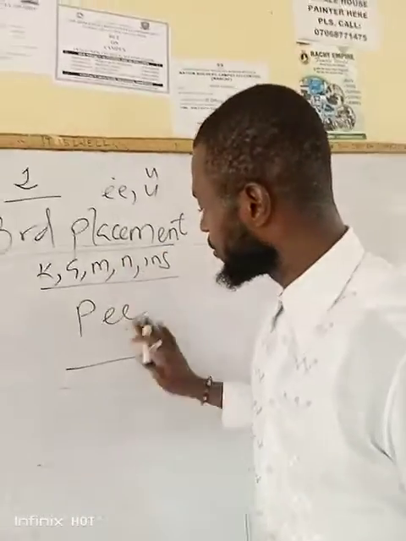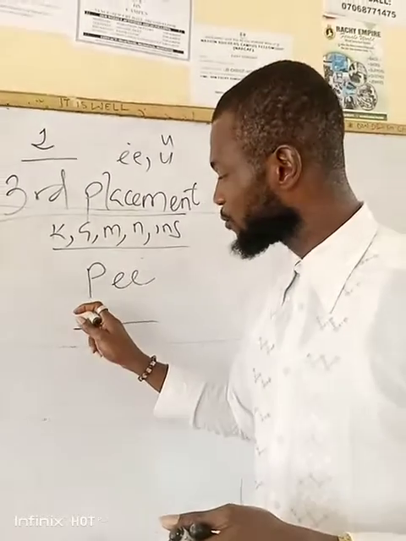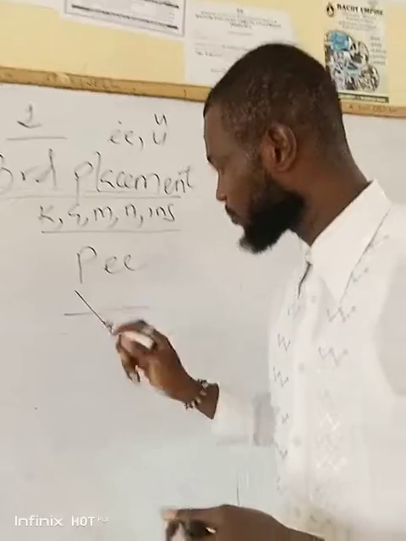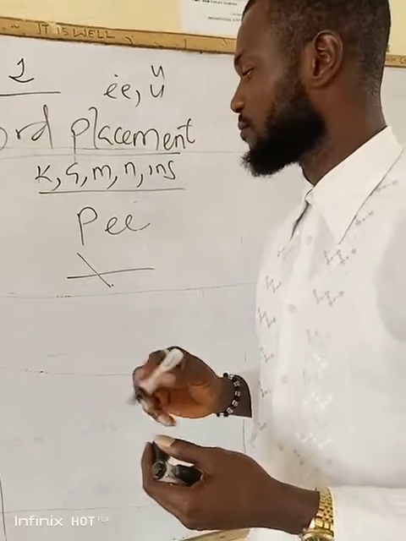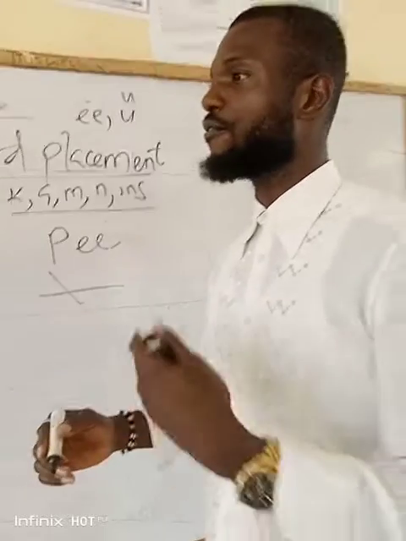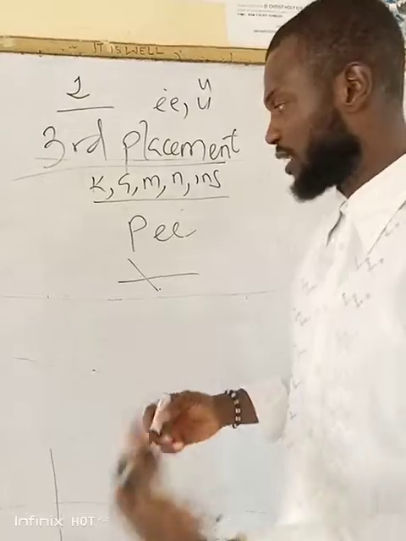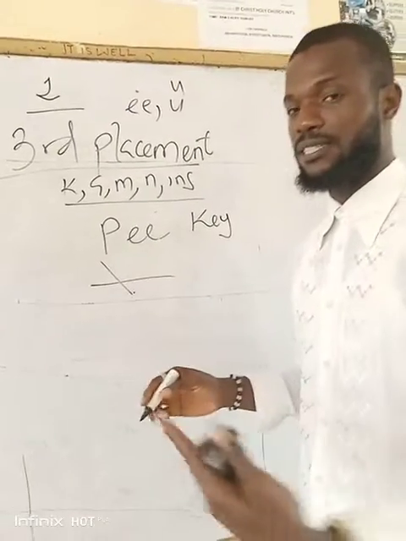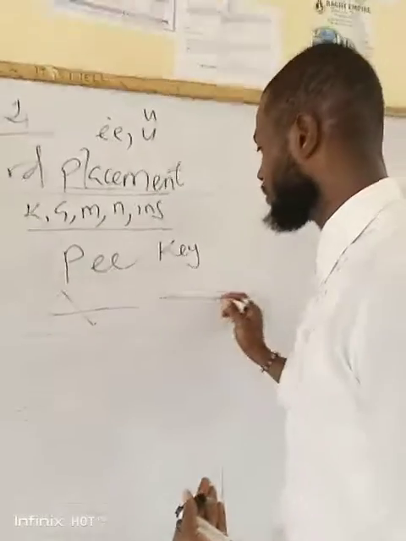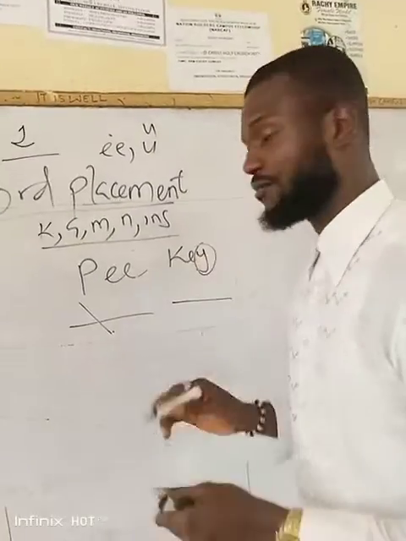Now, because of this vowel sound, the E there is a third place vowel. And now the E is saying to P to cross the line. Then the E will be at the third place of P. This is your P. Now, if you have a horizontal stroke, something like this, like key: K and E, this Y doesn't have any sound.